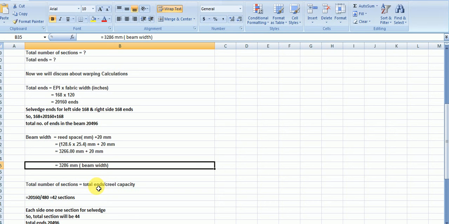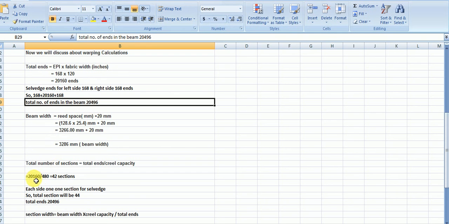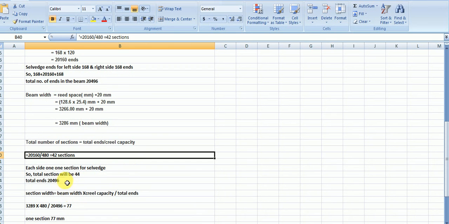So how do we calculate that? We know the mm, and the total number of ends you have to take is 204,960 divided by 480, which is the creel capacity. It will come to 42 sections for design, and also we have 168 ends on the left side and the right side, one section for selvage in each side.